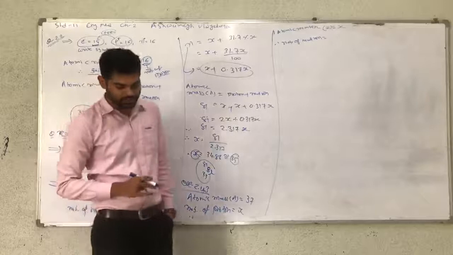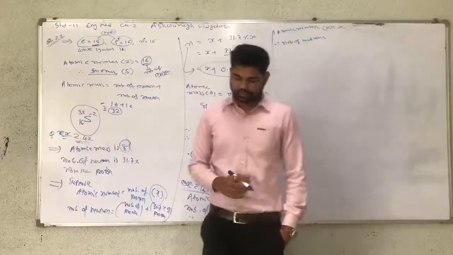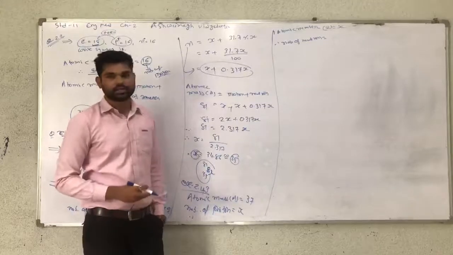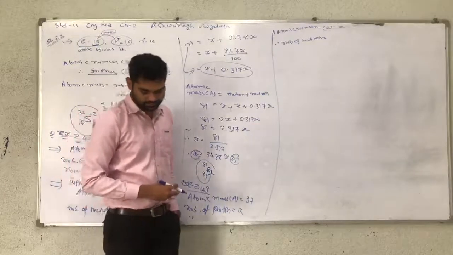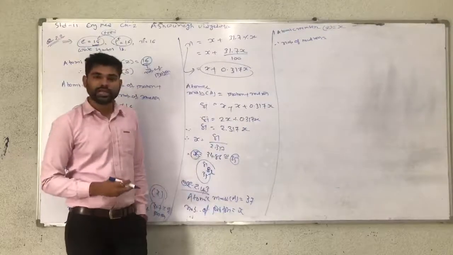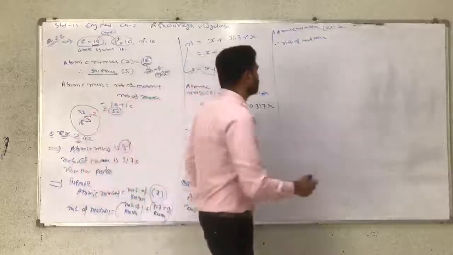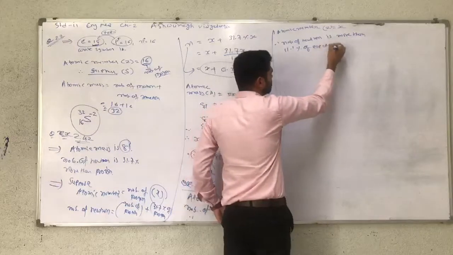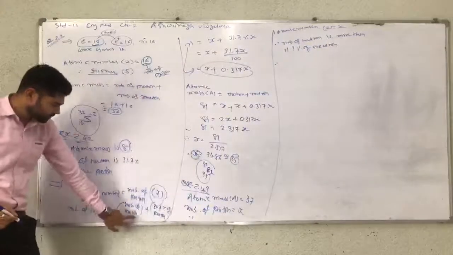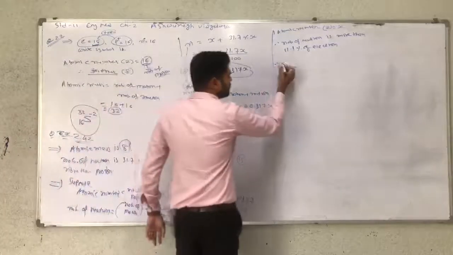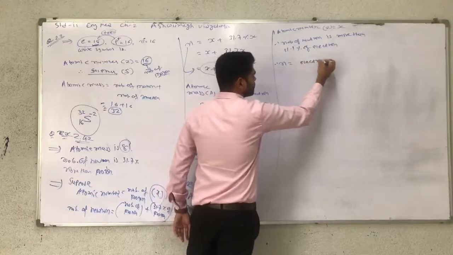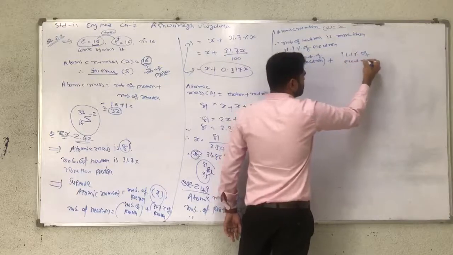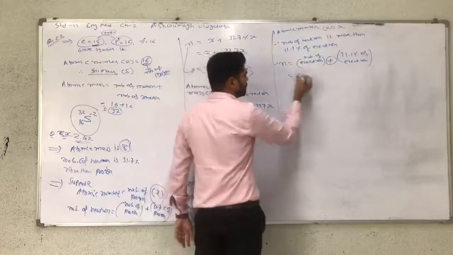Now the number of neutrons. The relation says that it is an ion: the species contains one negative ion, and the number of neutrons is 11.1% more than electrons. So the number of neutrons is equal to the number of electrons plus 11.1% of electrons, using the plus sign because it is more.